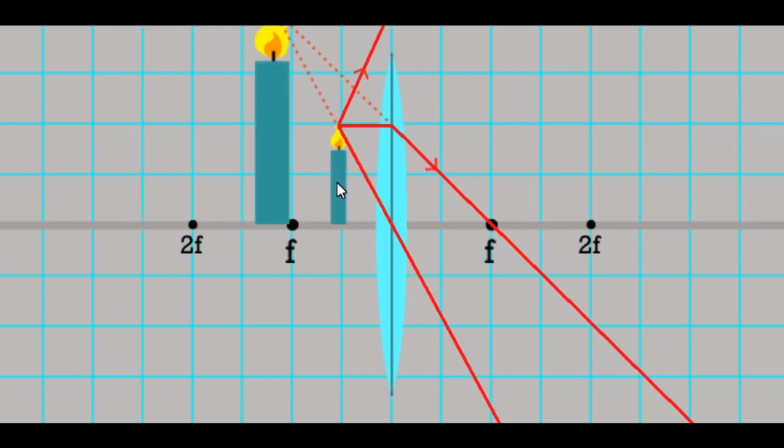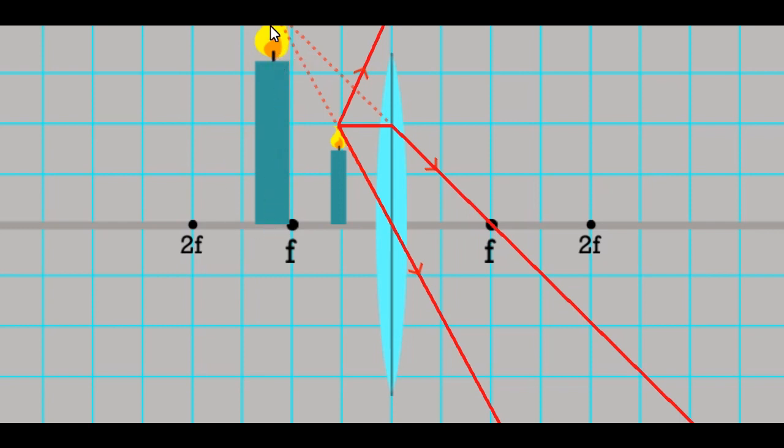So if I keep the object between this f and the optical center, the image which is formed is on the same side as the object, which means the image is not formed by the meeting of the refracted rays. Here we have extended the refracted rays, which means the image is formed due to the points which appear to meet.